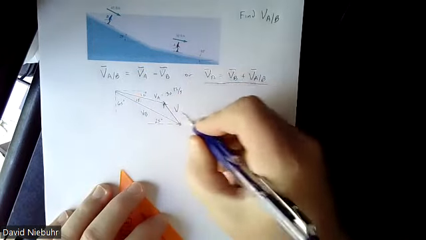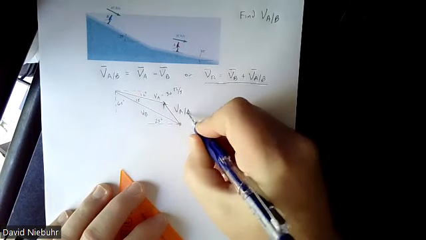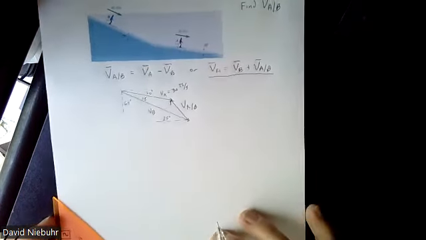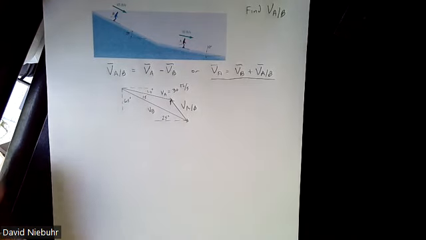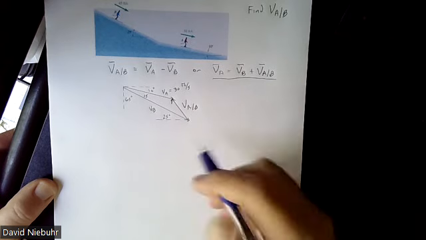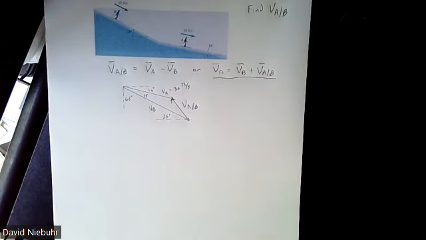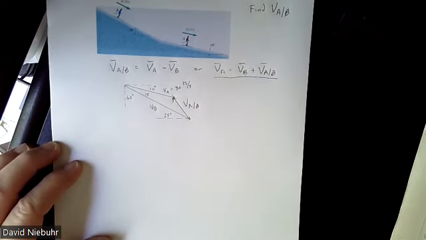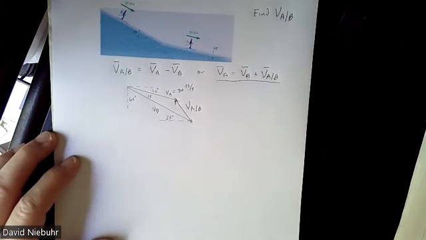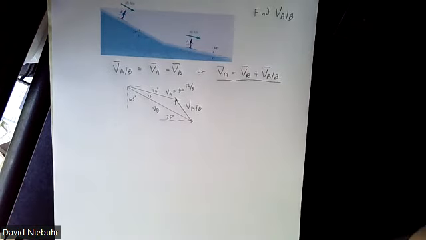And there's our velocity of A relative to B. Okay, so you can solve this two ways. You can use the law of sines and law of cosines and figure it out from there, or you can just add the vectors together. So let's start with the law of sines and law of cosines.